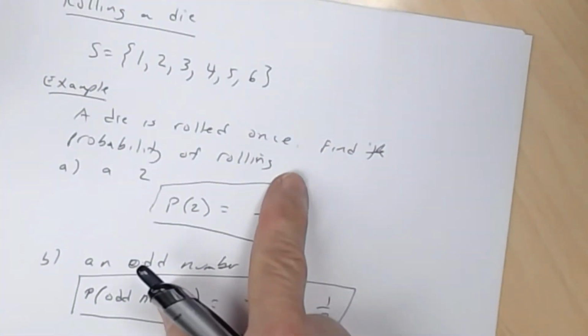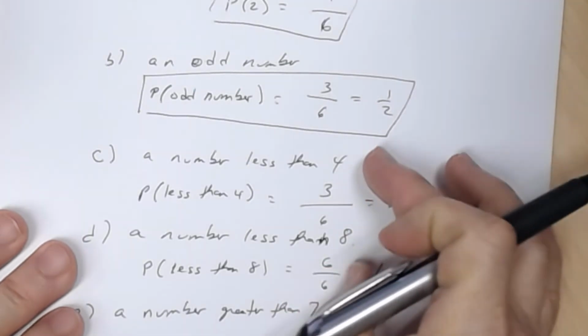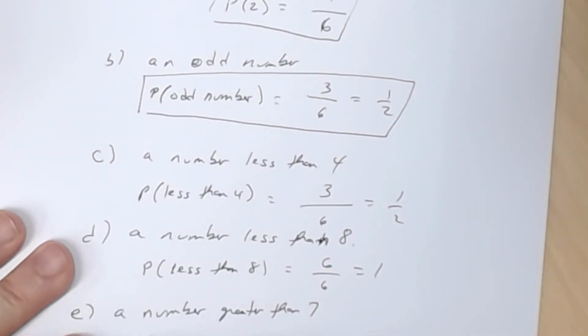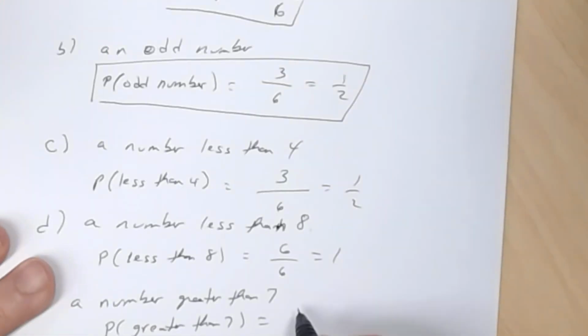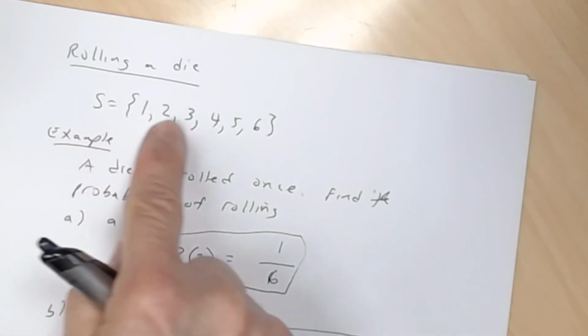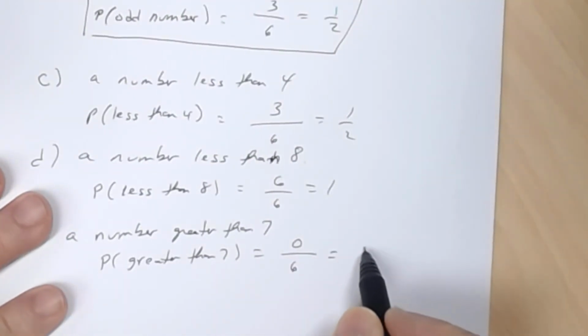No, you won't. So in terms of actually doing the work, you're going to say something like this. Probability of greater than 7 is going to be equal to, in my event, greater than 7, how many of these numbers are greater than 7? 0. Divided by the total number of possible outcomes. How many outcomes are in my sample space? 6. And what's 0 divided by 6? 0.